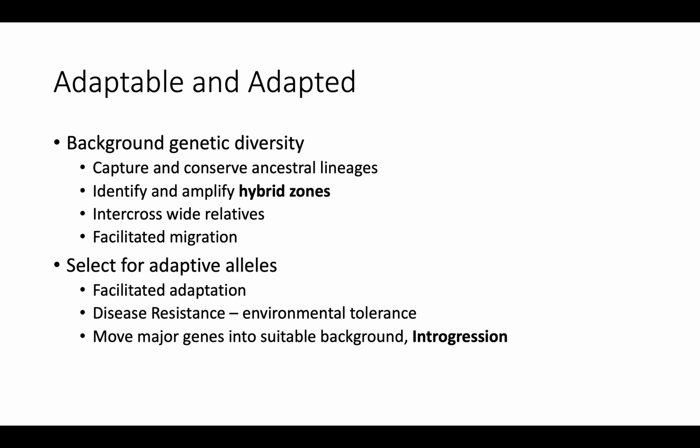So we need to be both adaptable, have the background diversity for who knows what, as well as adapted to the most important genes that we know about and conditions that we know about. So it's breeding and selection for things that we know about, and balancing, buffering, capturing and conserving the background genetic diversity, which probably has some function somewhere someday.